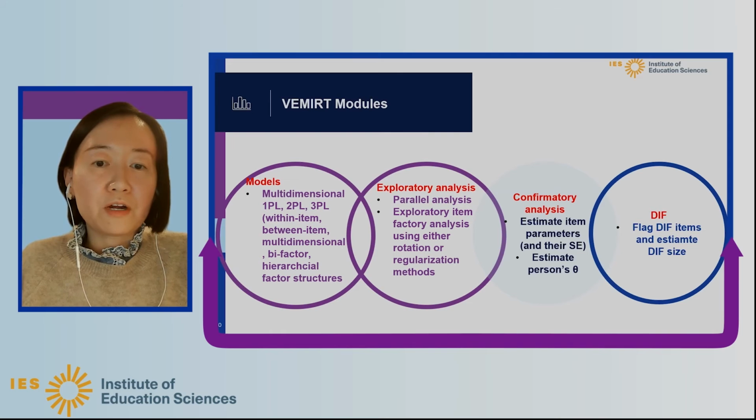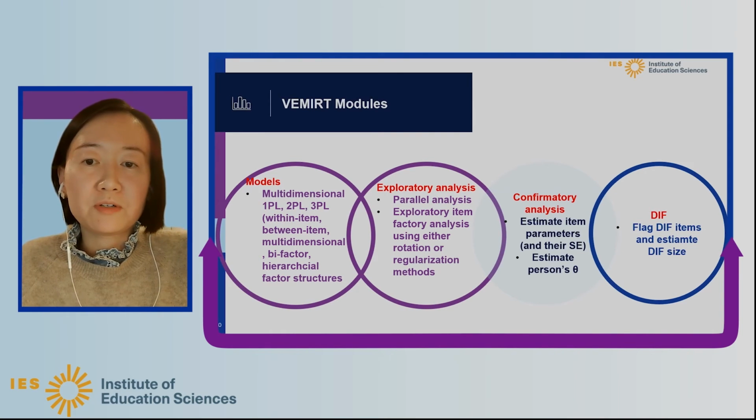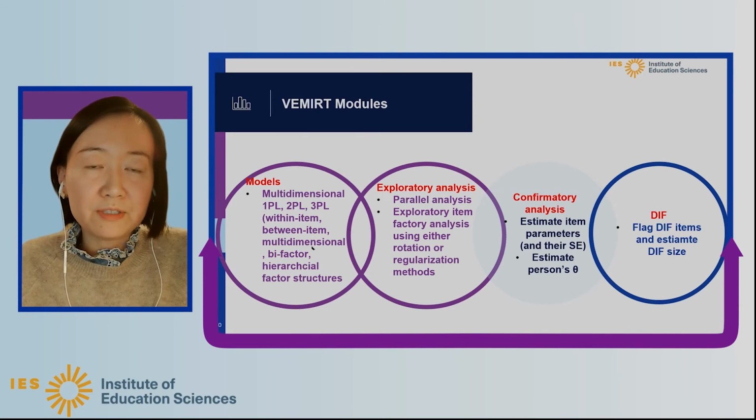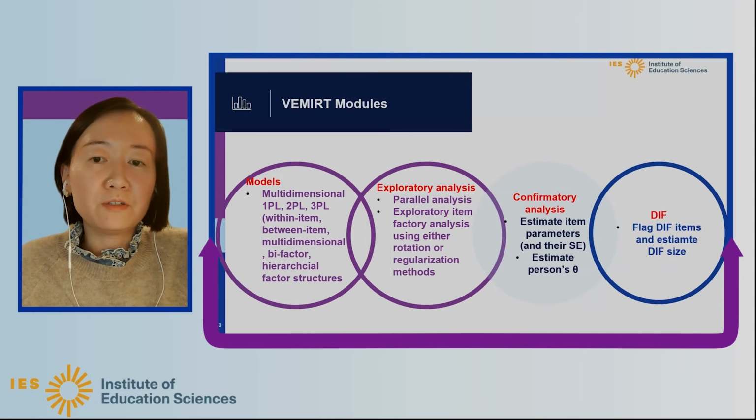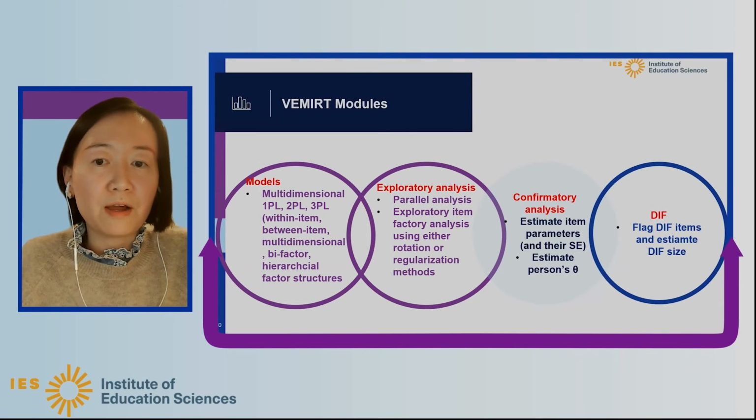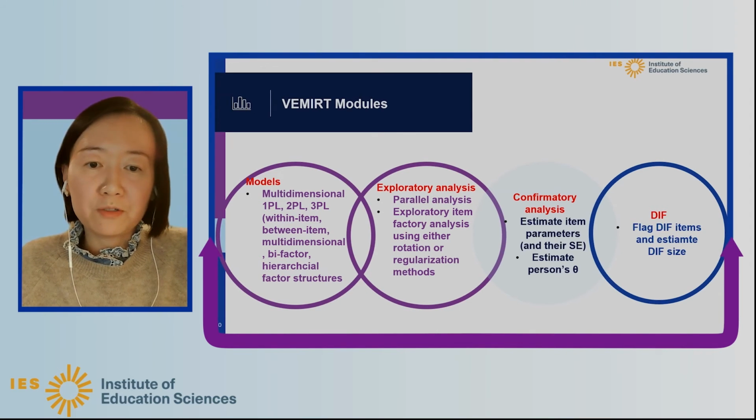It will start out with the exploratory analysis, in particular, the parallel analysis to decide the number of factors. And then it will offer exploratory item factor analysis using either rotation methods or regularization methods to identify the item factor loading structure. And once that is decided, it will move on to the confirmatory module.